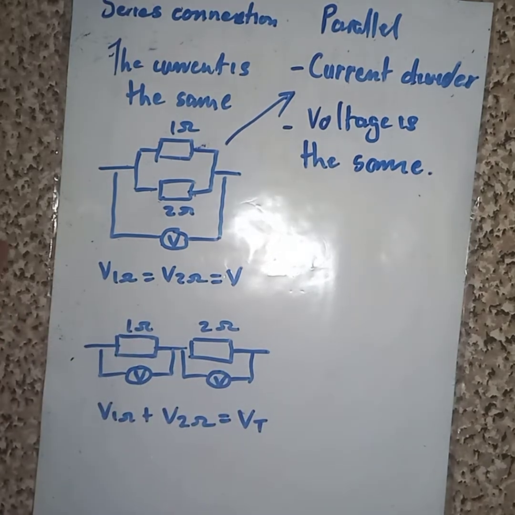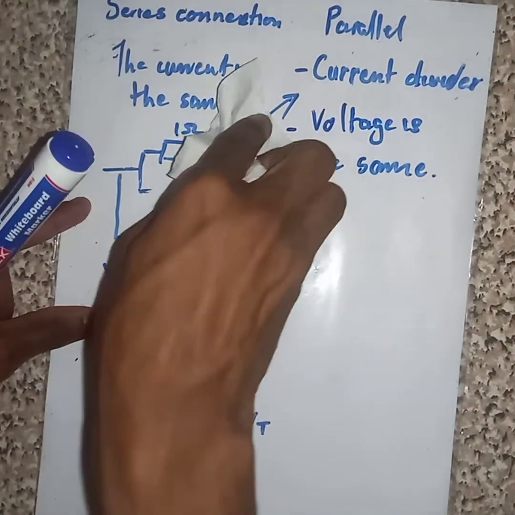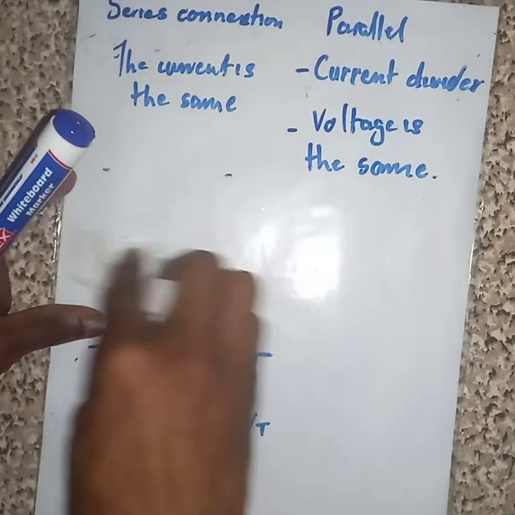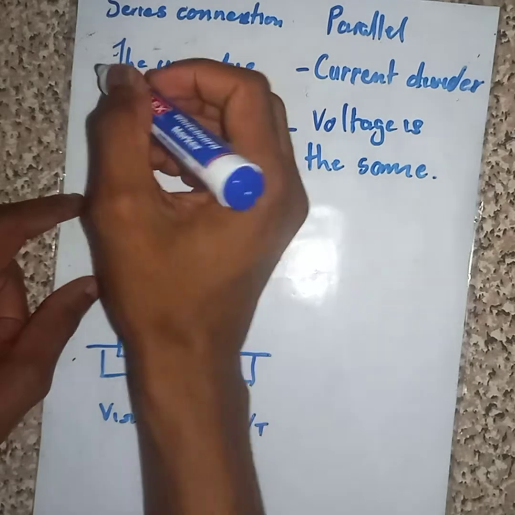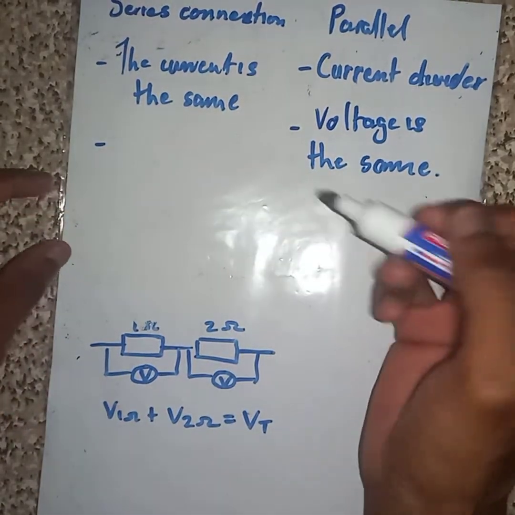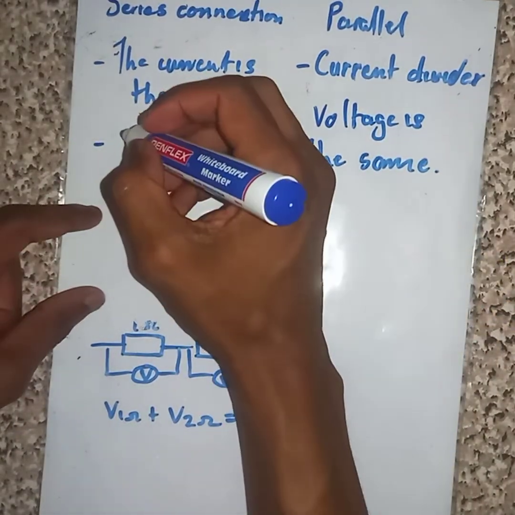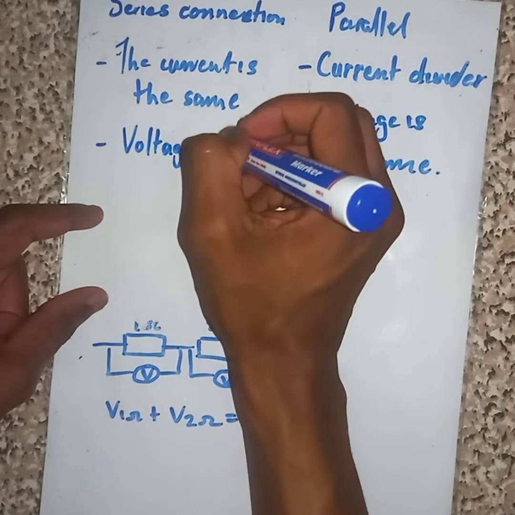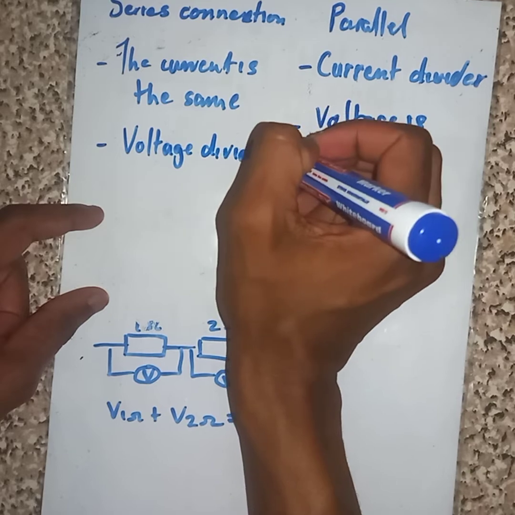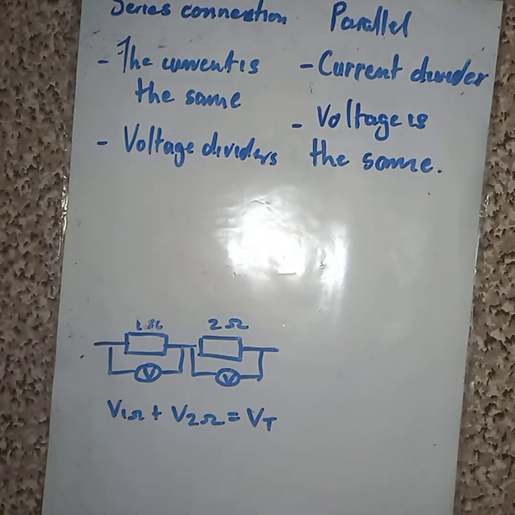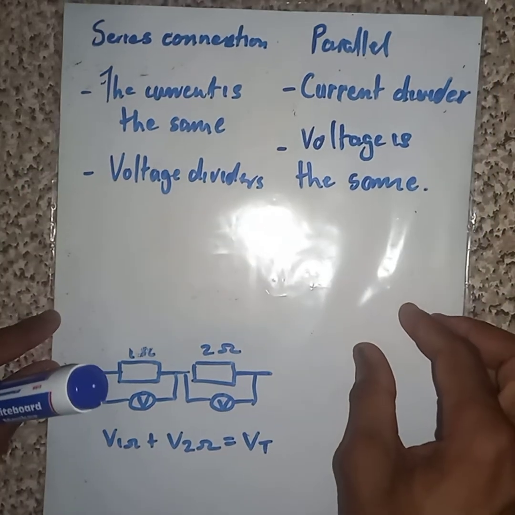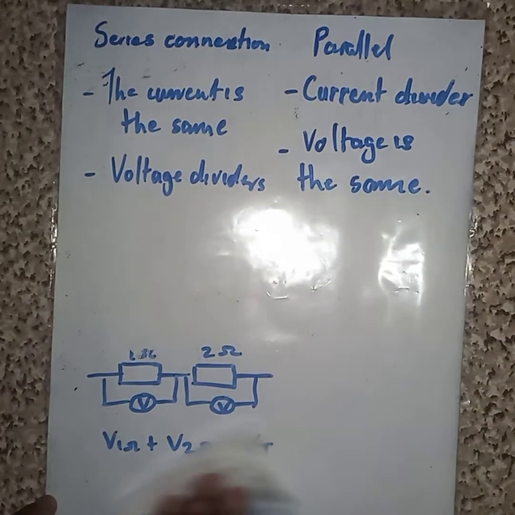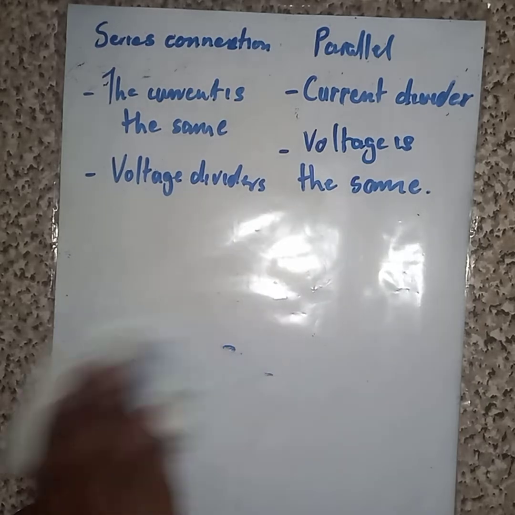But as for series connection, we have found that it's not the same. Instead, this one divides. Call it voltage divider. See, I hope you can see there. Okay, let me erase.